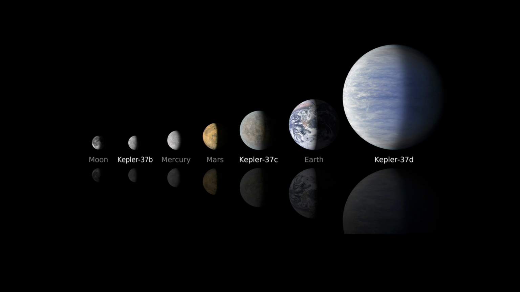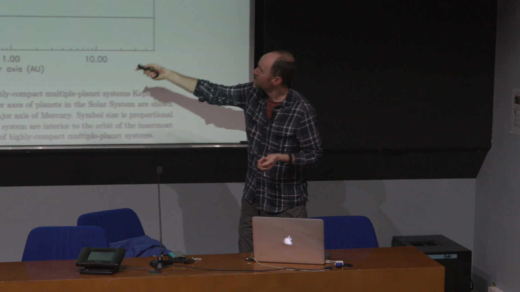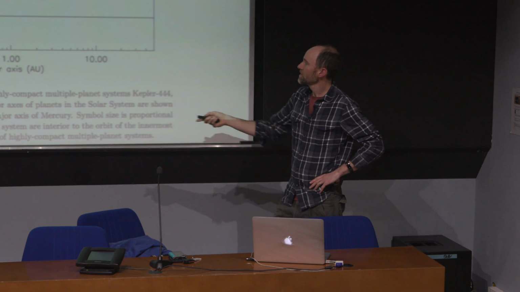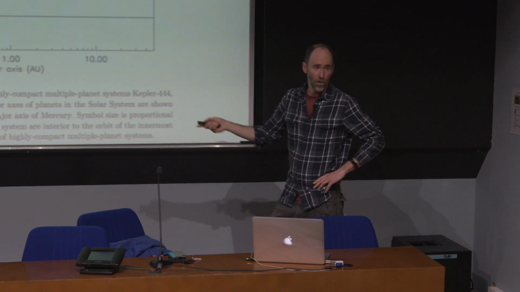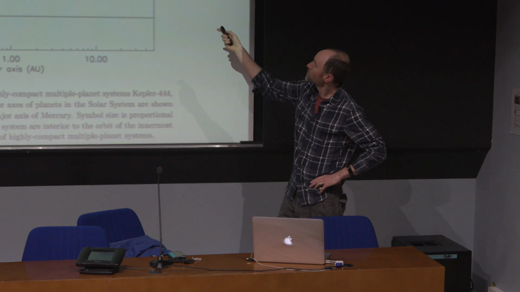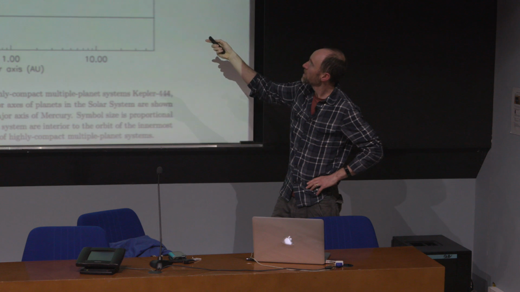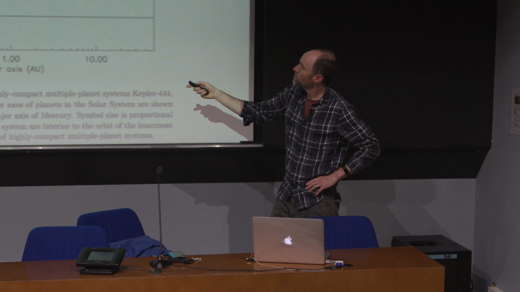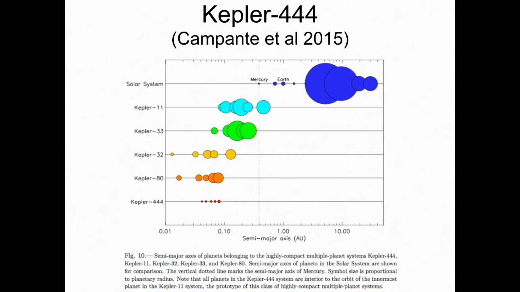This is one of my favorite systems, Kepler 444. I just think it's kind of weird. So here's an illustration of 6 different planetary systems, roughly to scale. Here's a logarithmic orbital distance axis. The solar system is at the top, with small rocky planets close in and bigger ones further out. Then there are lots of these super Earth systems that we'll talk about later, that typically have planets a little bit bigger than Earth on pretty compact orbits.